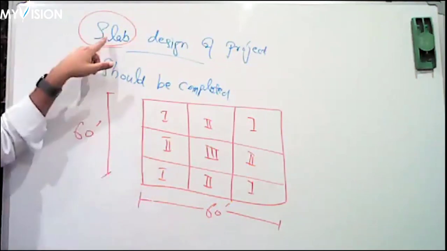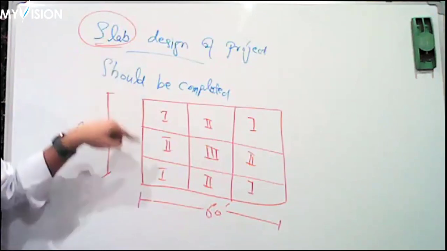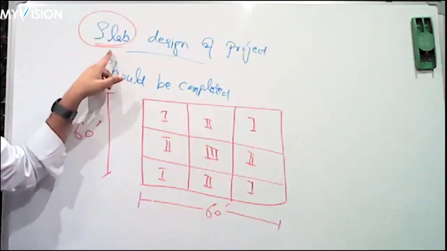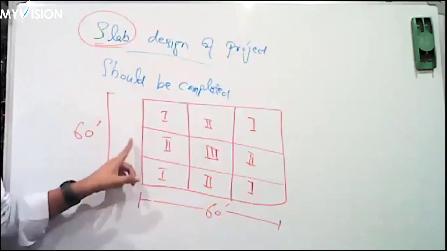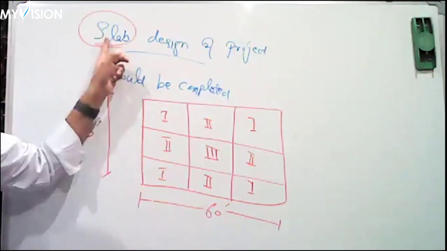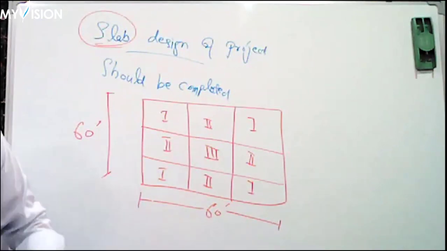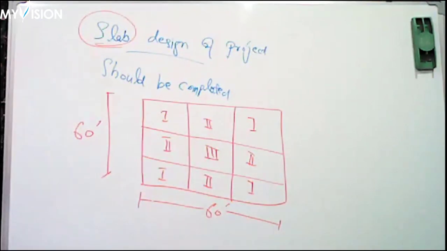The first step of your project should be completed in these holidays. When you come to my next lecture, your slab design should be completed, and you can get help from this example.